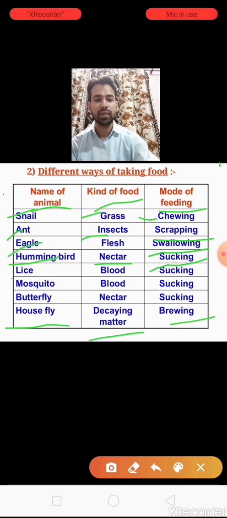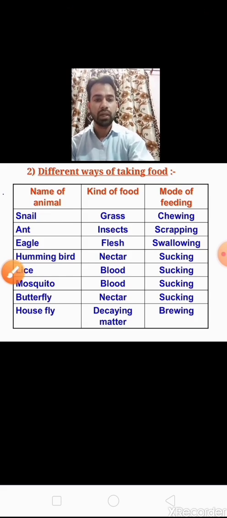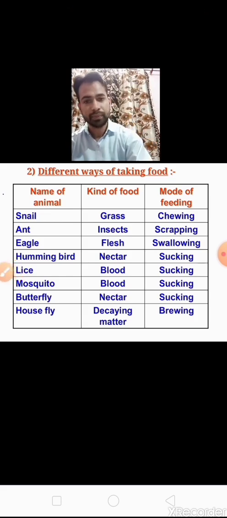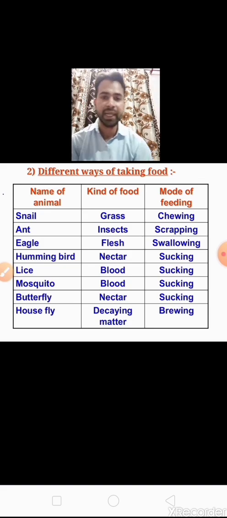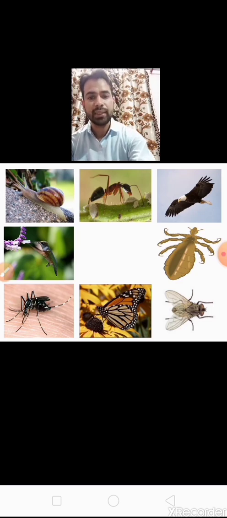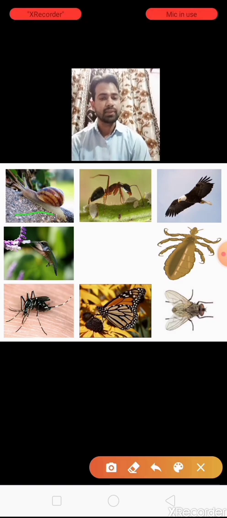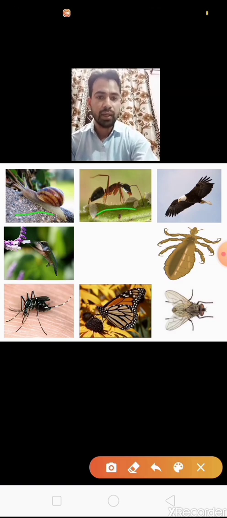Okay, children, now second step of animal nutrition. Before starting the second step, that is digestion, I am showing the pictures of these animals in front of you. See, the first one, that is snail. Second, ant.